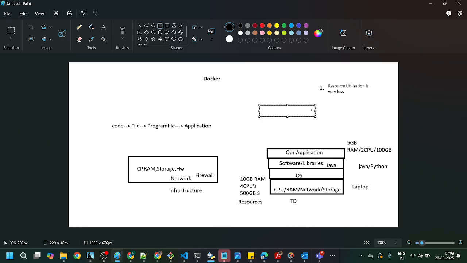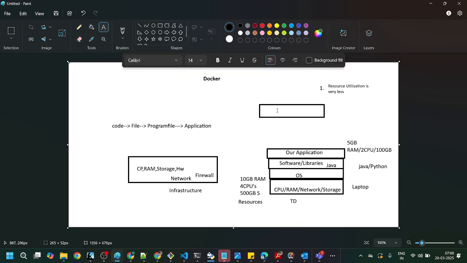To isolate your application, again we need CPU, RAM, storage, network, firewalls.